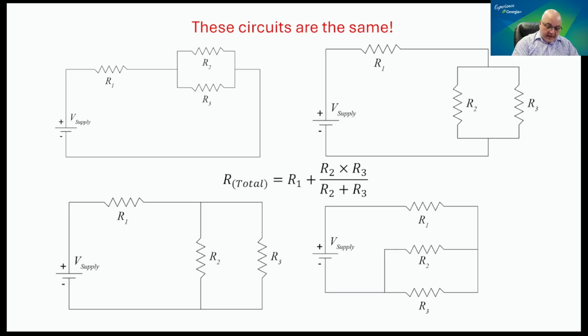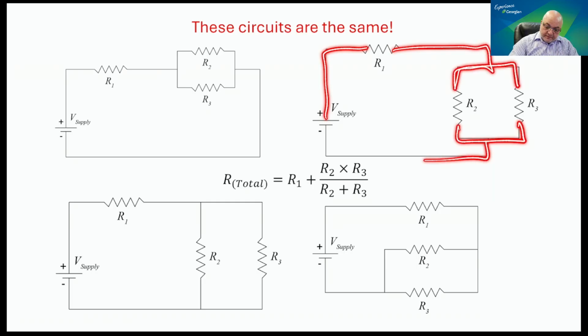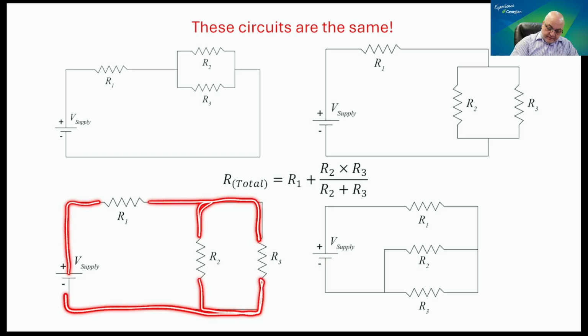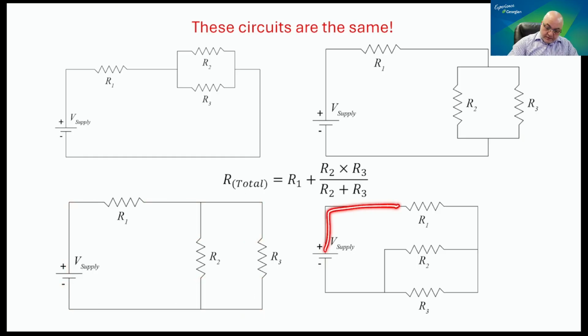They all have three nodes, 1, 2, 3 here, 1, 2, 3 here, and so on. You see, they all have three nodes, but also between each two nodes, you have the same resistor.